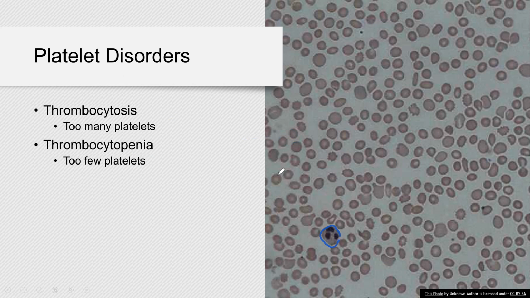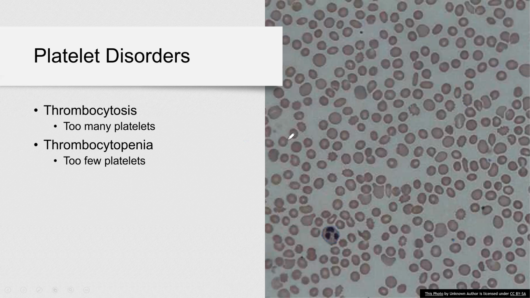If you look at a blood smear, the most numerous cells will be our red blood cells. By the way, I don't know what's going on with these red blood cells. It seems like they went through a crenation process. They do not look normal here, but this is the white blood cell, and those are platelets.